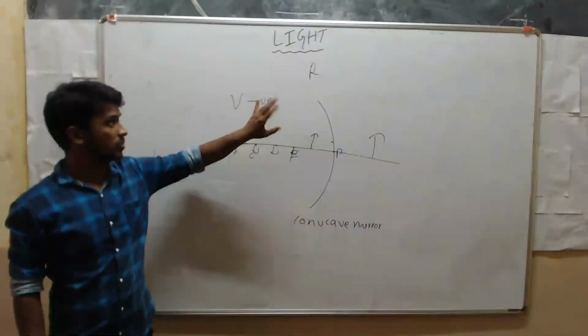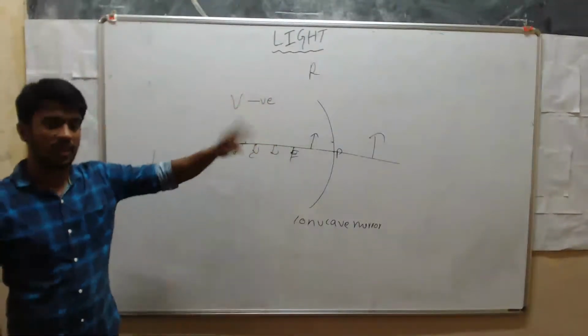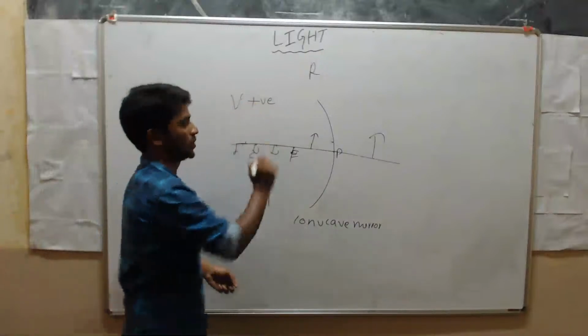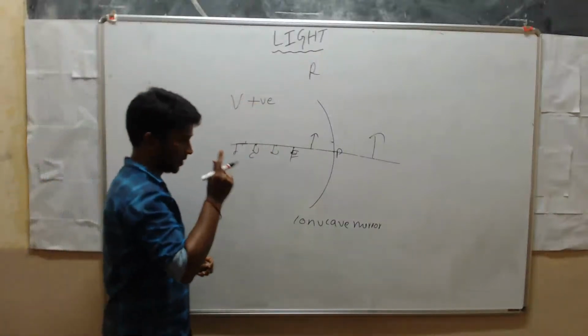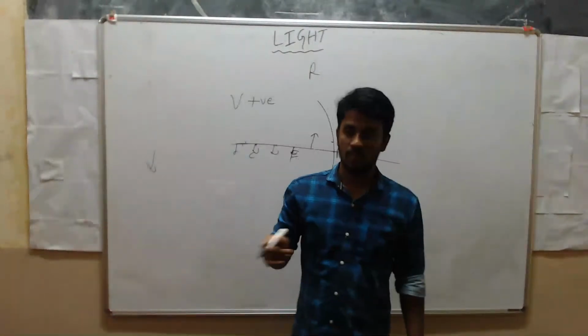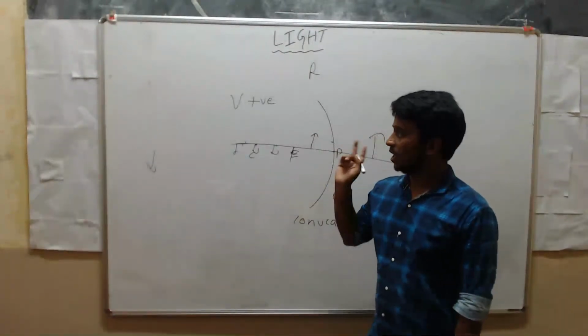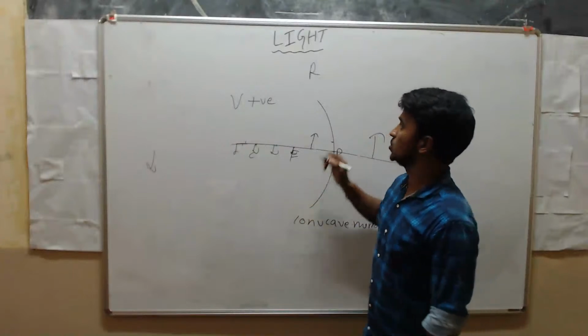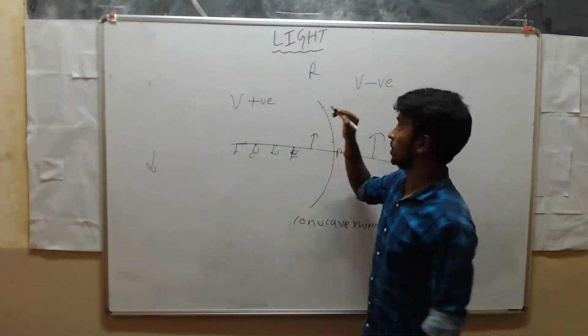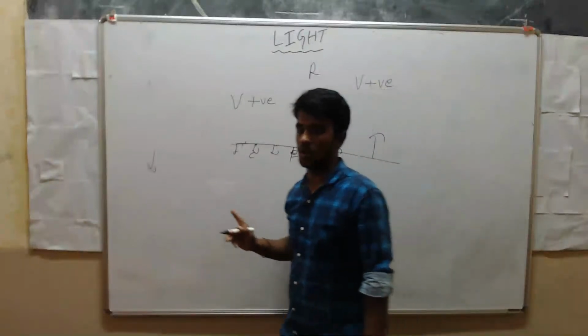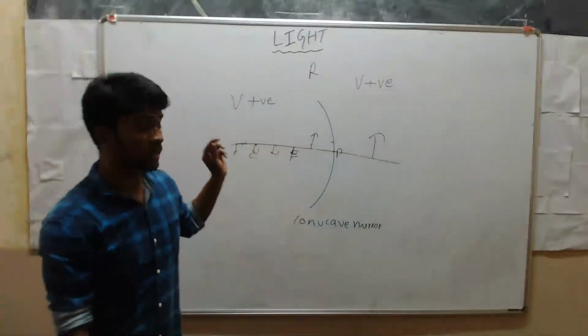Clear? If the image is virtual, then you should get positive. So keep in mind, if they mention that the image is real and ask for the image distance, you should get the answer as a negative value. If you get a positive value, then it is wrong. This is for mirrors only.